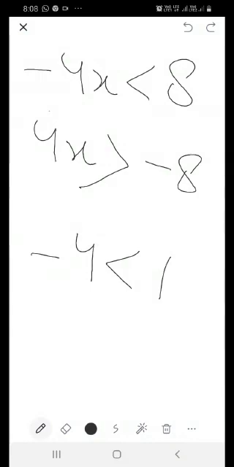Now if I multiply by a minus sign on both sides, it will become 4 and 1 will become minus 1. Now what is the sign to be put in between 4 and minus 1? Will it be less than? Is 4 less than minus 1? No. You know that 4 is greater than minus 1. So that is why, if you multiply by minus on both sides, the inequality changes.